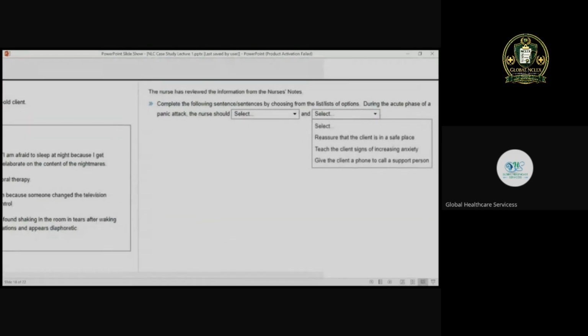And what is the reason that you have to stay with the client? Safety first. Very good. Now you have to select from the options.